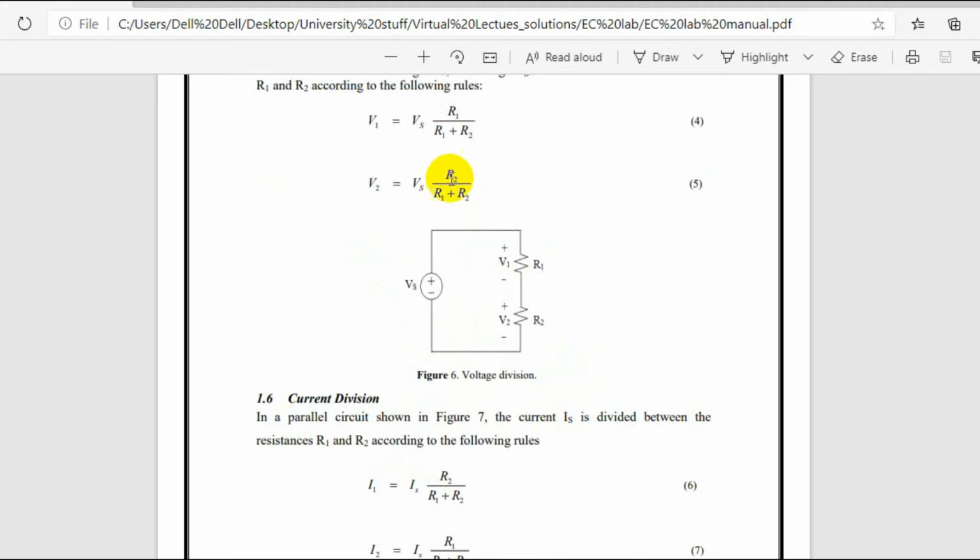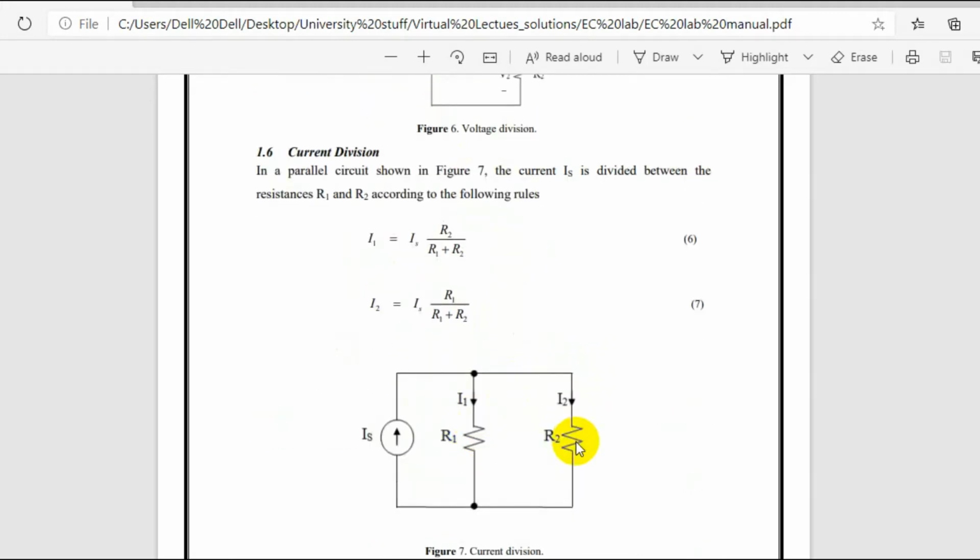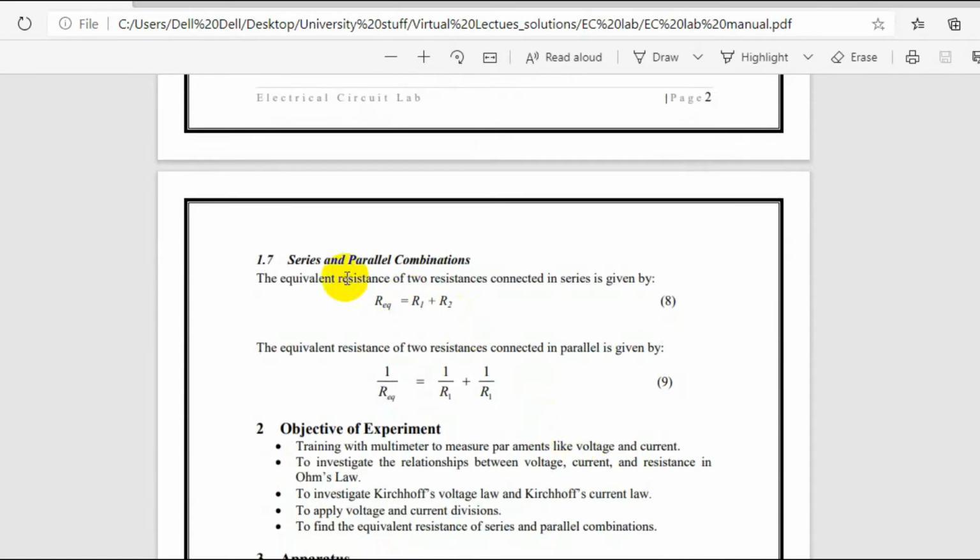Here it is the same resistance, here it is the opposite resistance. For series combination, R equivalent is R1 plus R2. When it is parallel, 1 by R equivalent is equal to 1 by R1 plus 1 by R2. This is R2, just make the correction.